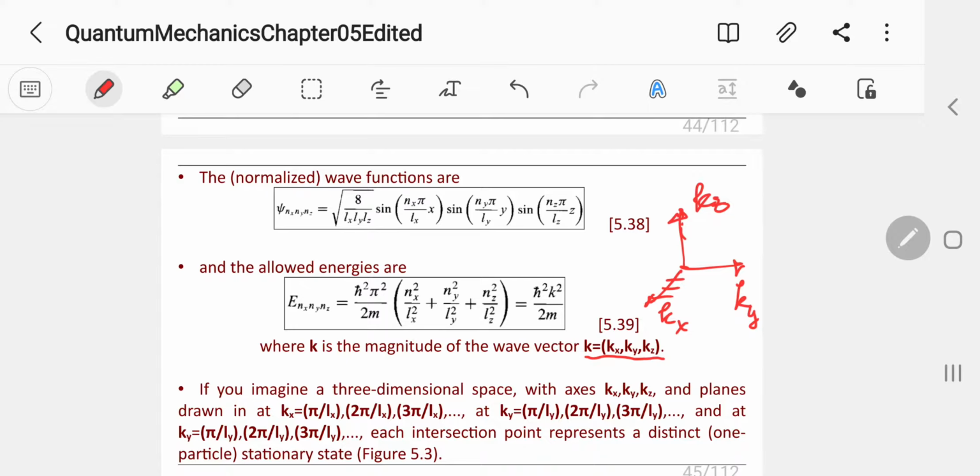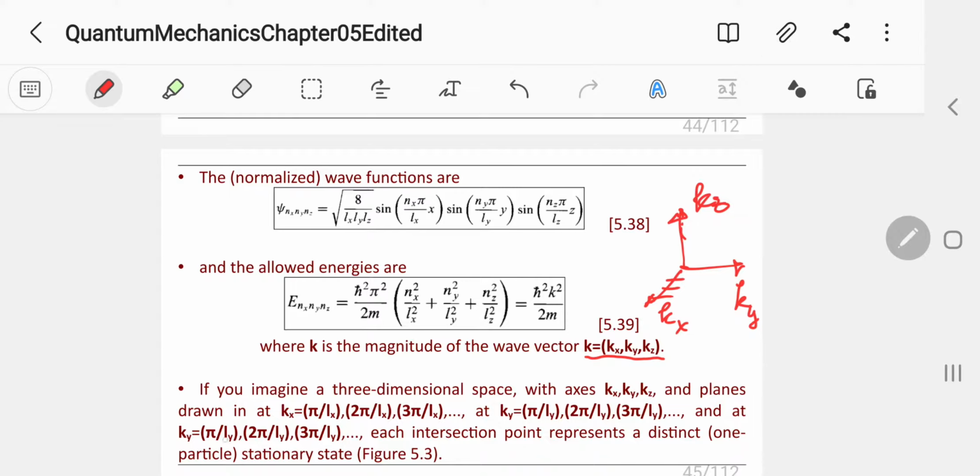So for each kx, ky and kz, if you draw walls or planes at each value of kx, each value of ky, and each value of kz.